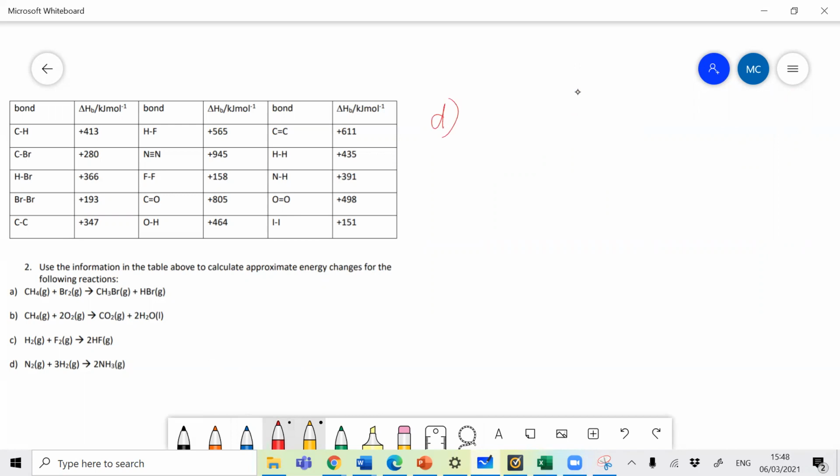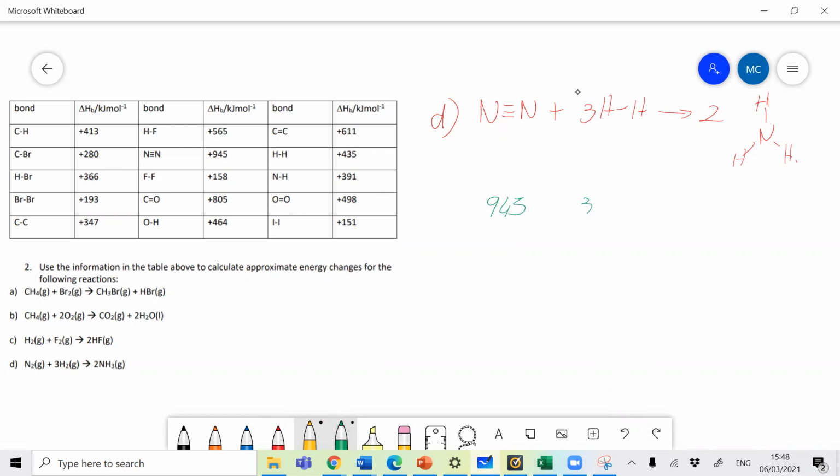Okay, so D N2 plus 3H2. So remember, N2 is a triple bond plus 3 hydrogens to give 2 NH3s. So N triple bond N is going to be 945 kilojoules.